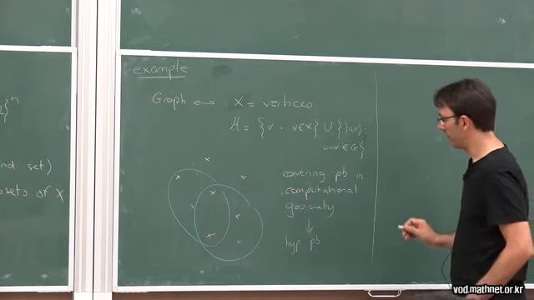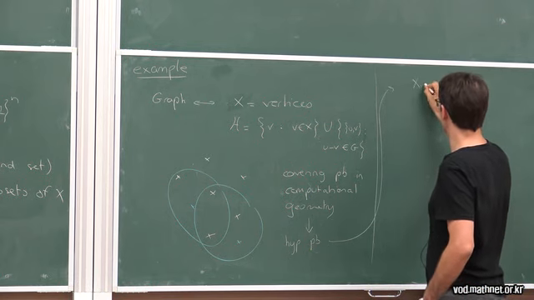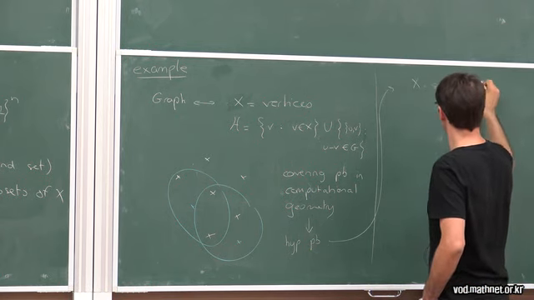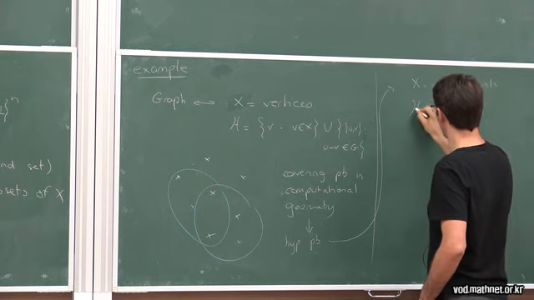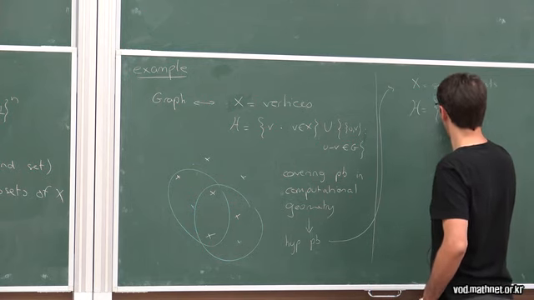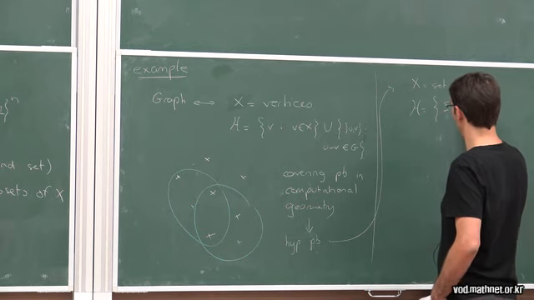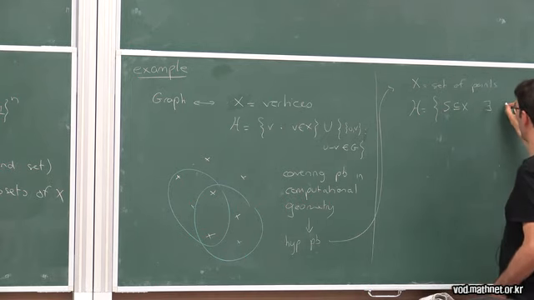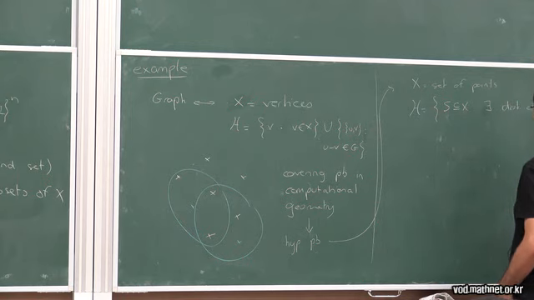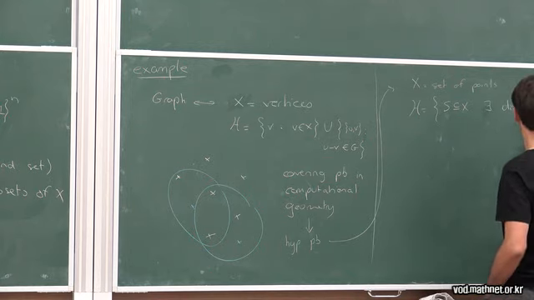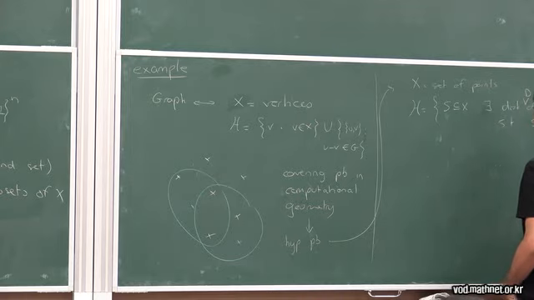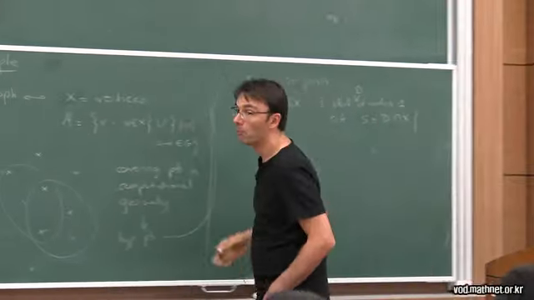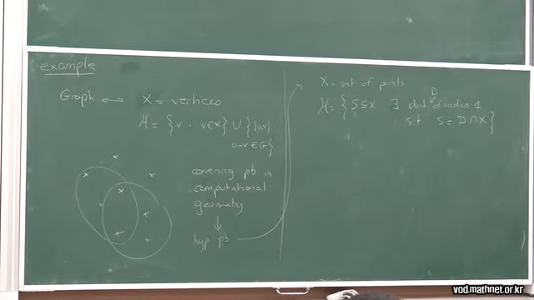where in your hypergraph X is a set of points, and H, for example, are all subsets S of X such that there exists a disk D of radius 1 such that S is equal to D intersected with X. Okay, so you look at this hypergraph and it tells you more or less what the possible solutions are.